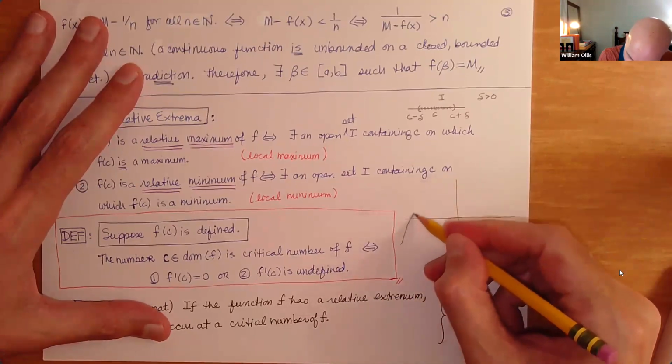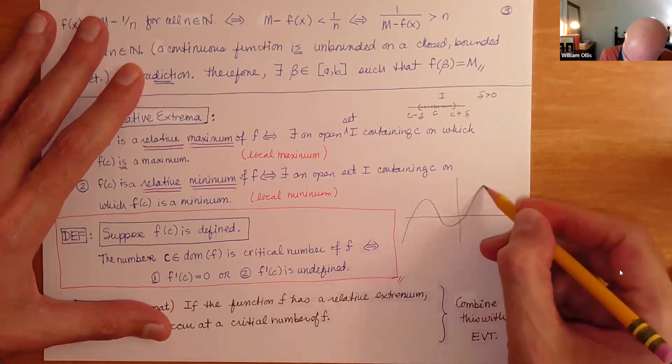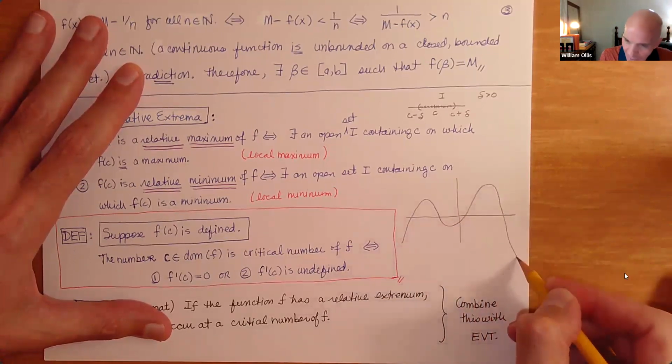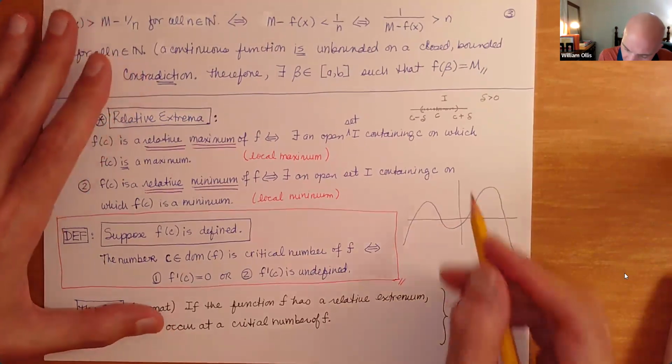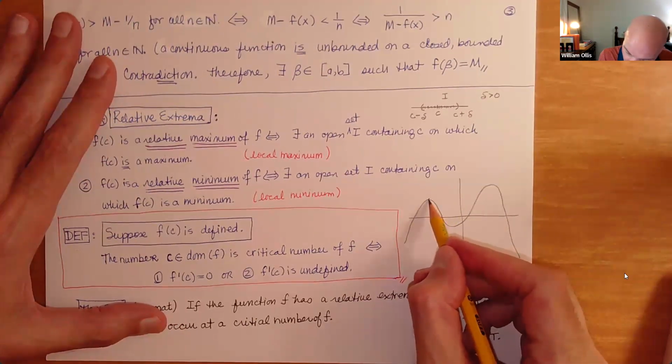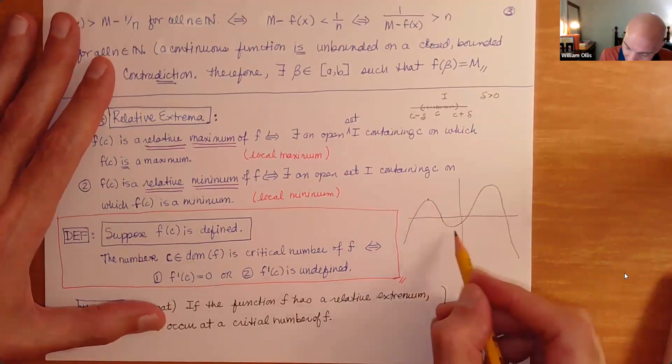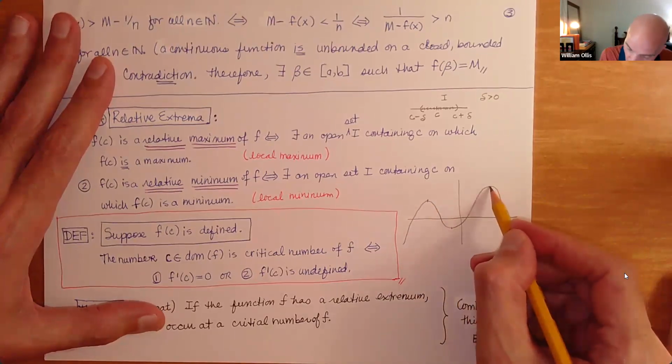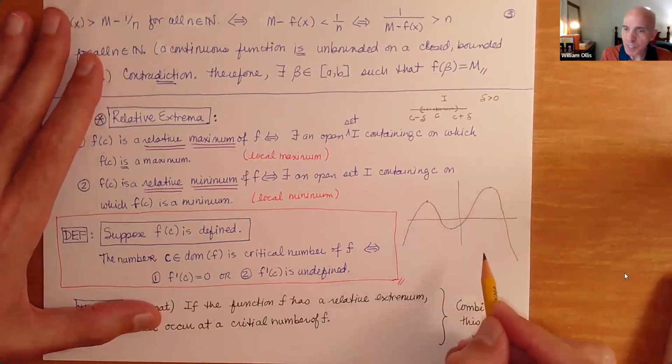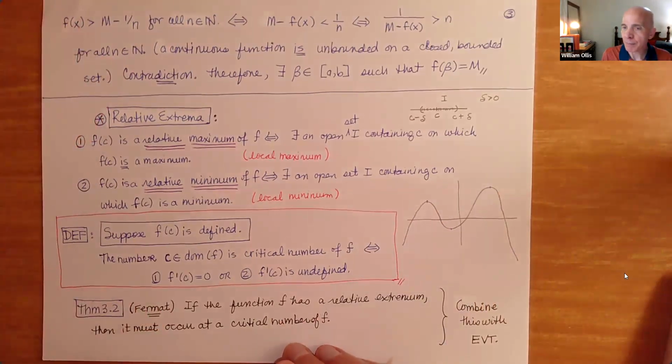Maybe has something like this. Maybe does something like that. And then you could see here a relative max, a value of relative minimum, relative max. So this is what I'm referring to.